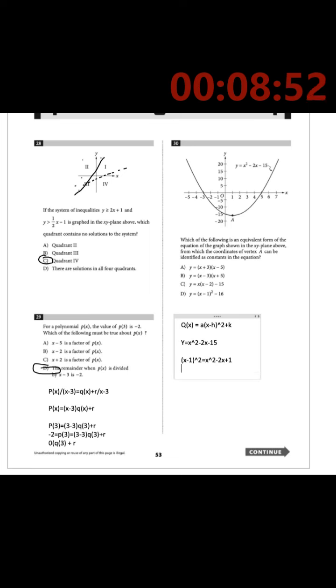And then y equals x to the power of 2 minus 2x minus 15 equals x squared minus 2x plus 1 minus 16 equals (x minus 1) squared minus 16. So that is how you complete the square. And from this equation, we can see the coefficients are 1 and negative 16, which shows the answer must be D.